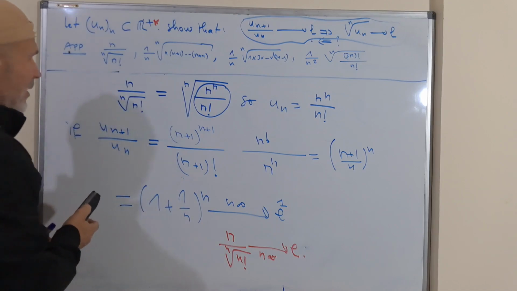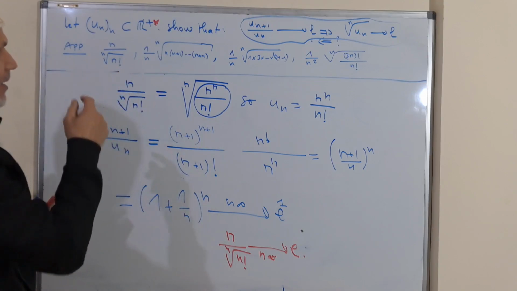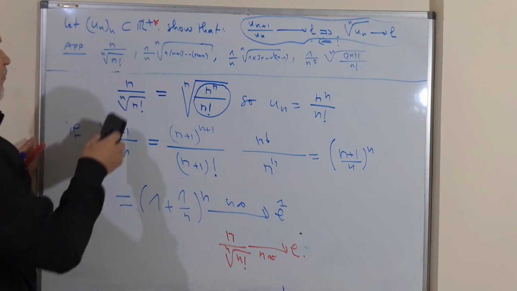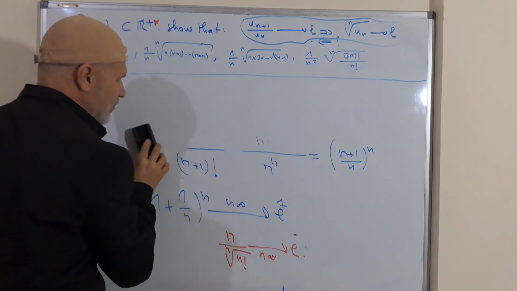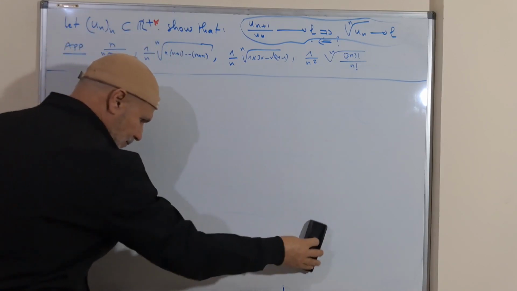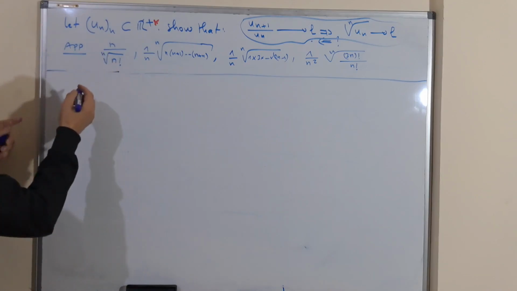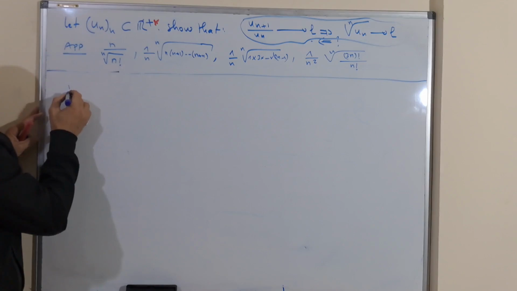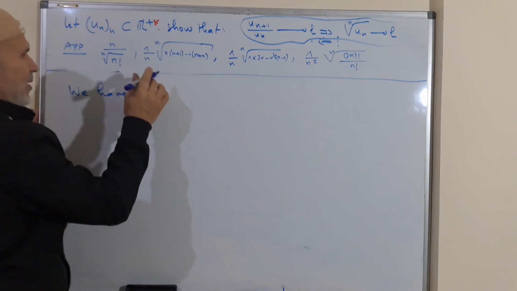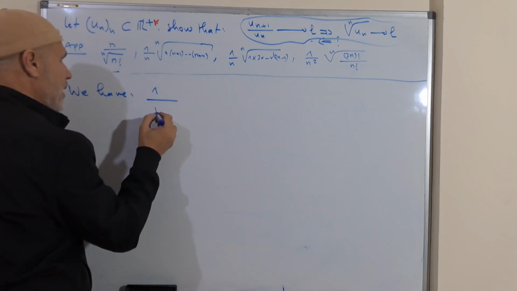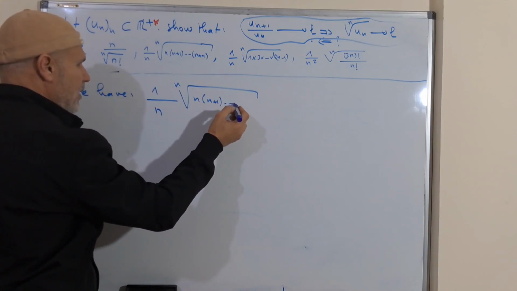The same technique, actually, because we are applying this theorem. The second one: we search for the limit of one over n times the nth root of n plus 1 times up to 2n.